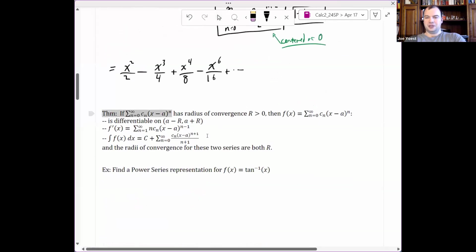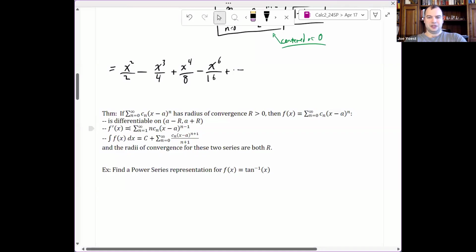So we have a nice theorem here. If we have a power series with positive radius of convergence, then this power series is differentiable on its open interval of convergence. The derivative, we can differentiate our power series term by term.